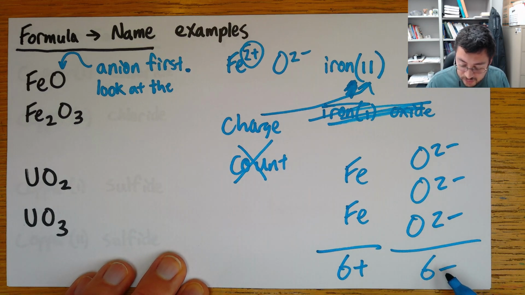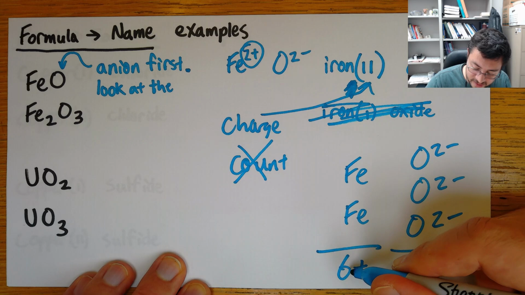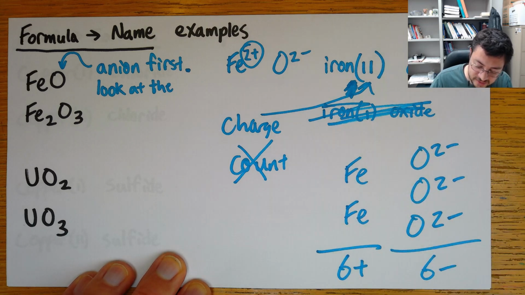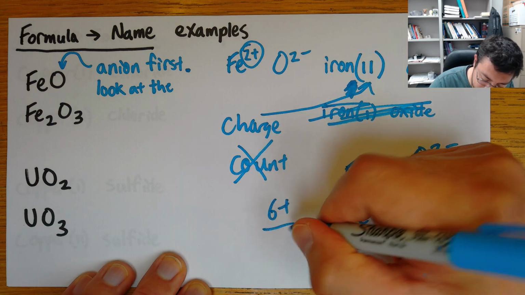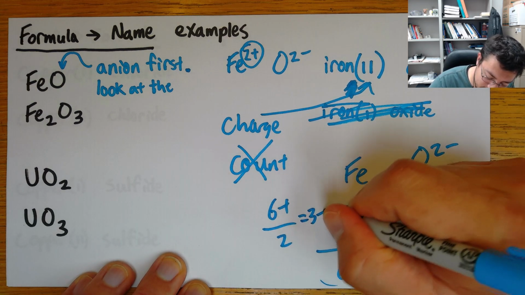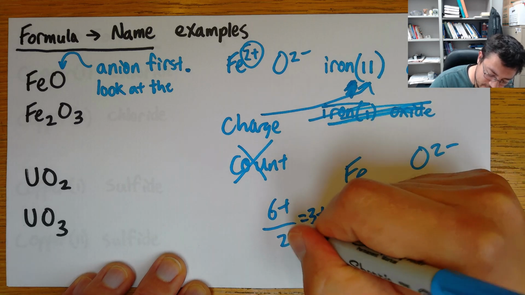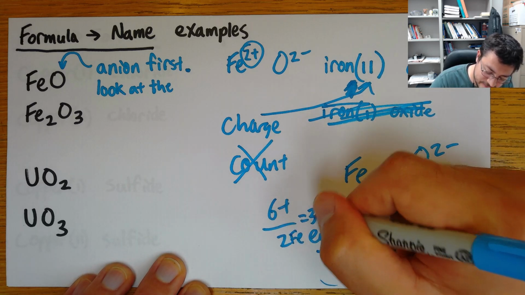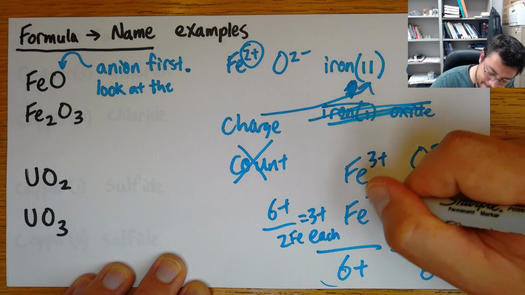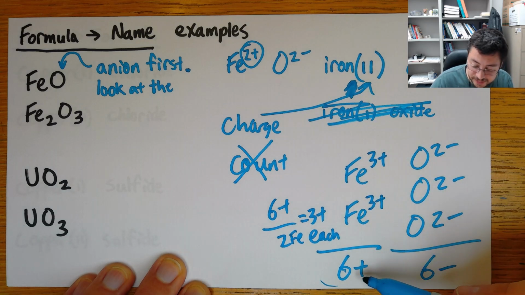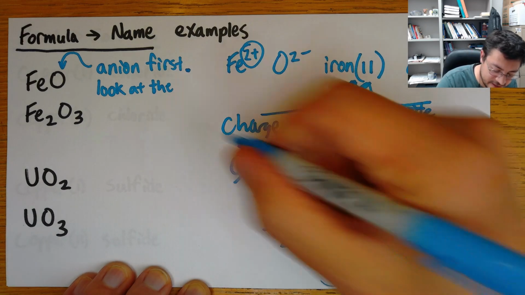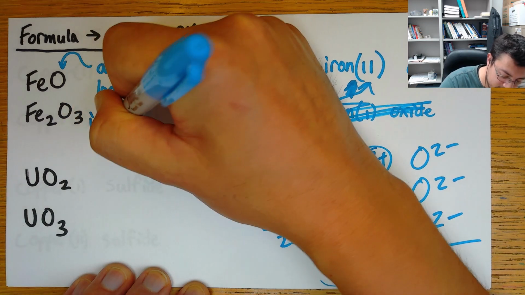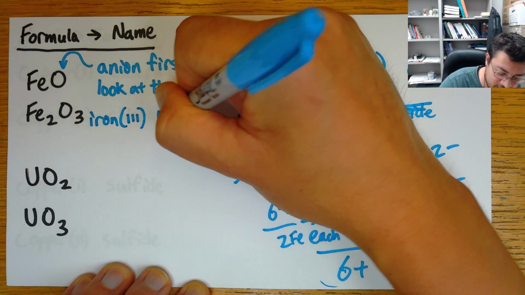We need to figure out how to distribute it to these two irons. 6 plus divided by 2 iron atoms, 3 plus per iron. That gets us to 6 plus, and that will neutralize the 6 minus. Since we have 3 plus, we will say iron(III) oxide.